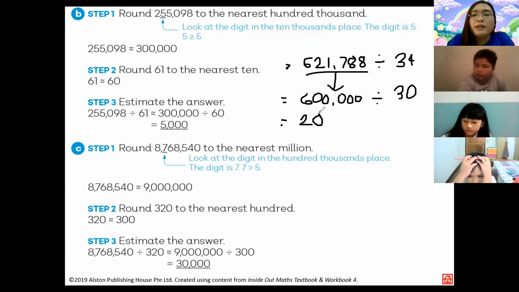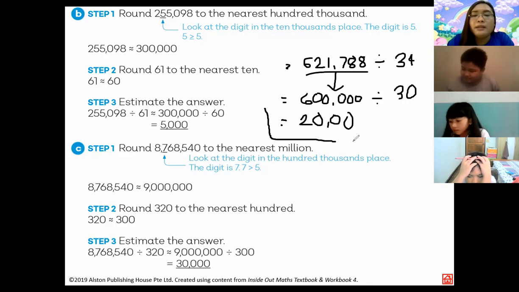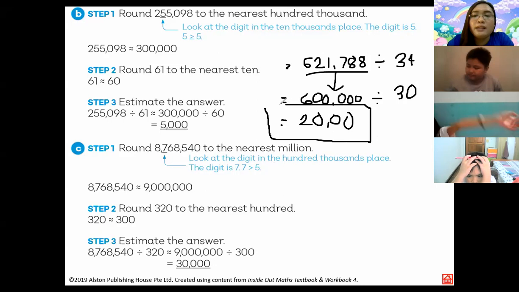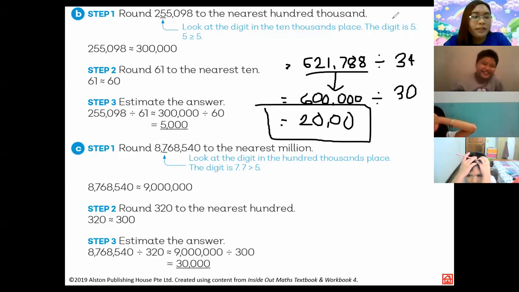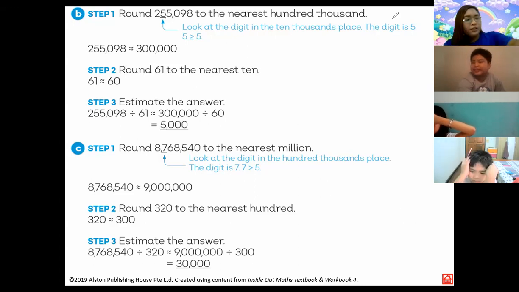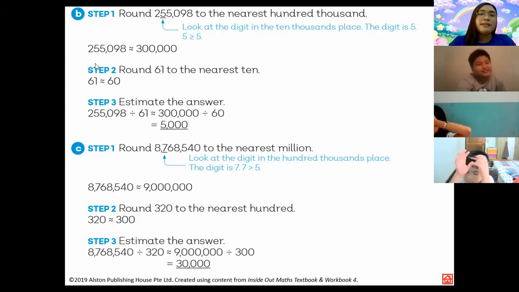Okay, very good. So the answer is 20,000. So that's the estimated answer. All right. Do you understand, class? Yes, I do. Okay. Now let's proceed to letter C.